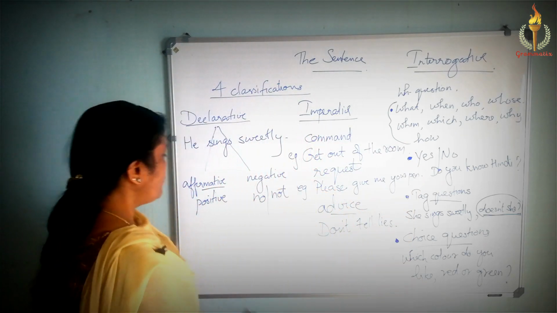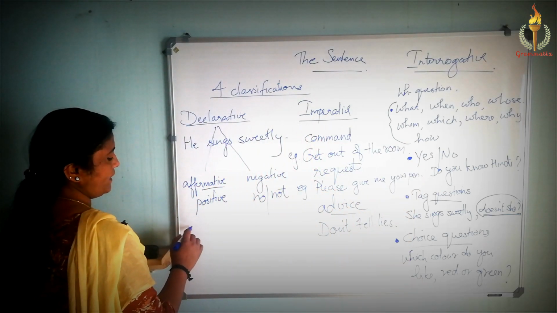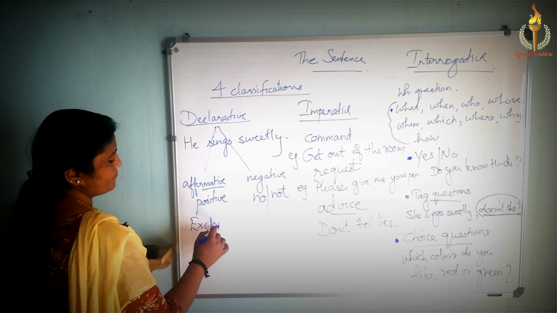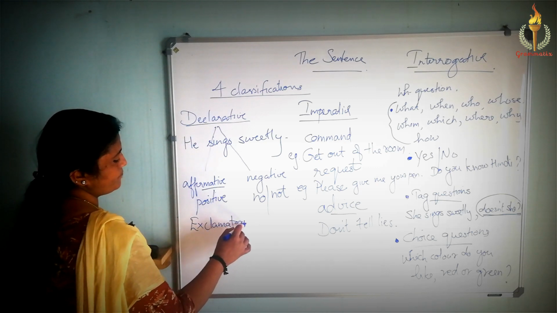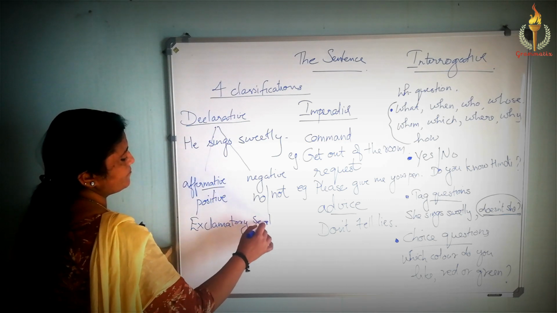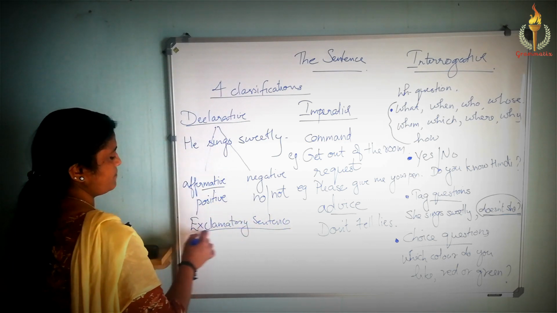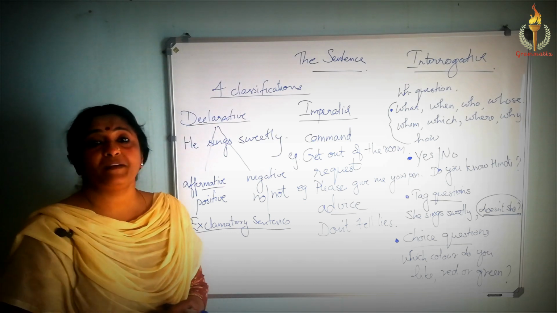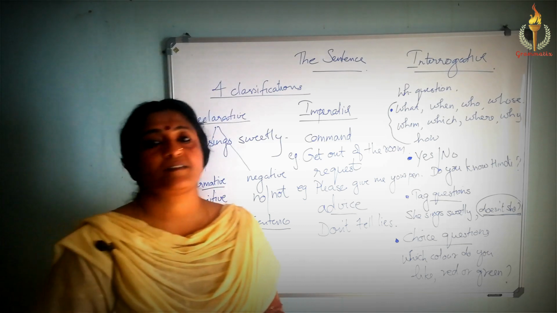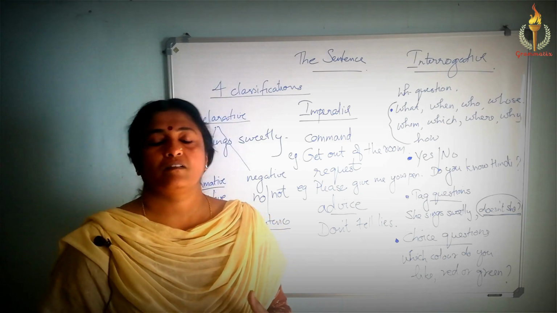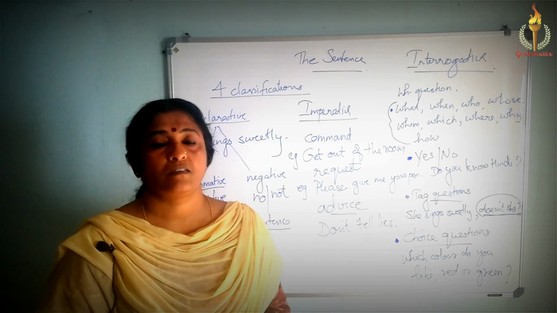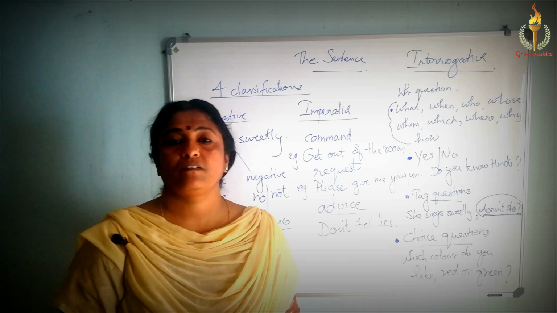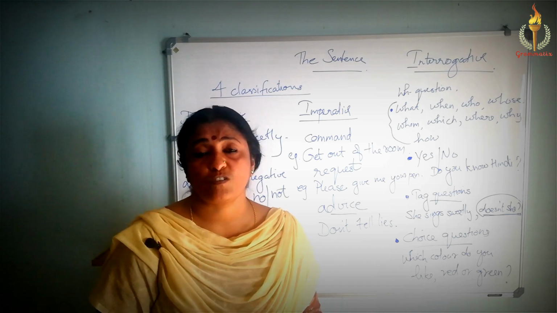The fourth one is the exclamatory sentence. Now what do you mean by exclamatory sentence? Exclamatory sentences are sentences which show sudden bursts of emotions, whether it is happiness, sorrow, or appreciation.